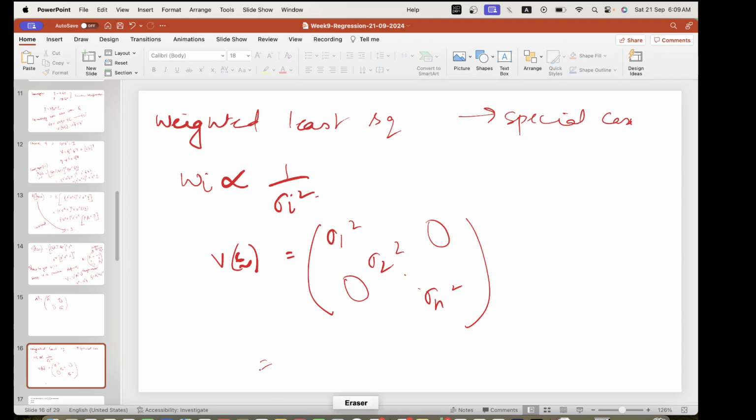In such a case, first let us find beta hat.